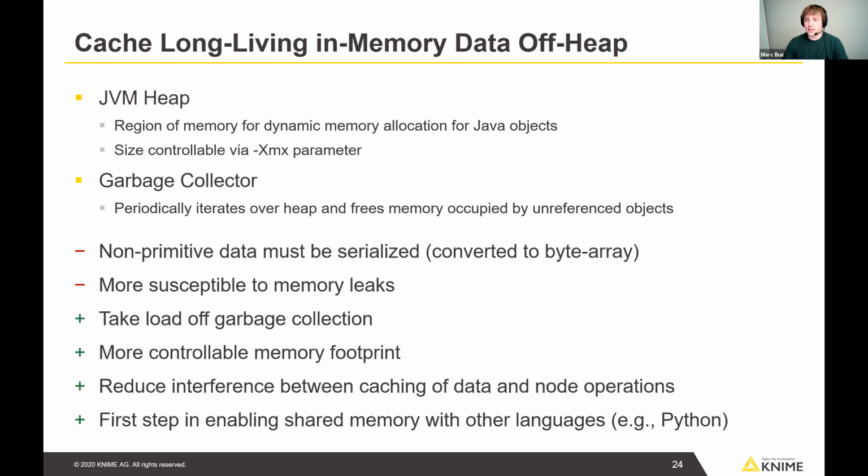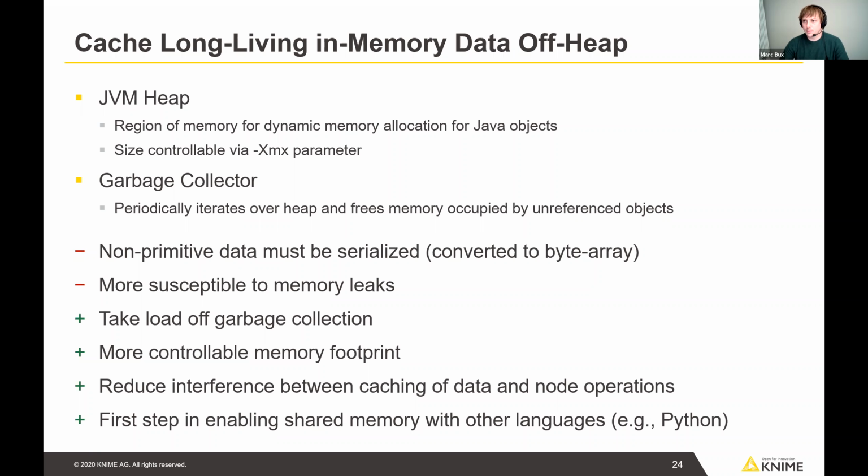So previously, you might run a memory-hungry node like the duplicate checker or a sorter, and it might perform better or worse depending on how much memory you still had available and how many tables you put into the cache beforehand.